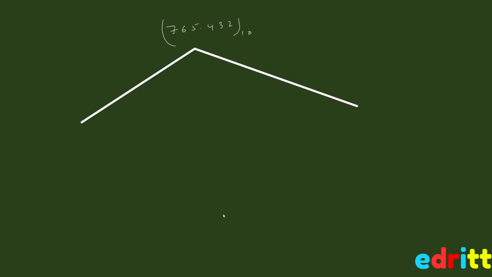So let's try to see. My number was 765.432 in base 10. And then I calculated two things. One of them was the 9's complement, and the other was the 10's complement.